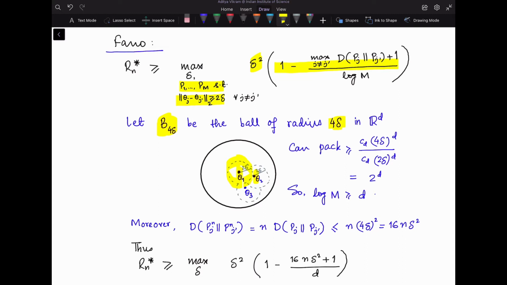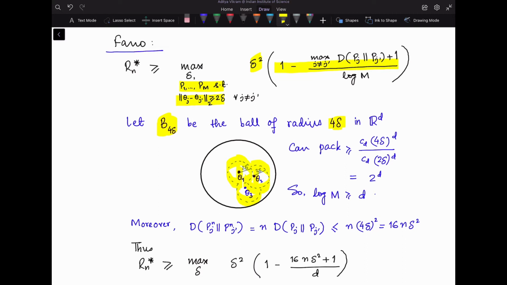Now take theta 2, again consider this ball of radius 2 delta around theta 2, and choose theta 3, which is outside both the balls around theta 1 and theta 2. So theta 3 would be far from both theta 1 and theta 2 by at least 2 delta. Again take this ball around theta 3 and choose theta 4 and so on.